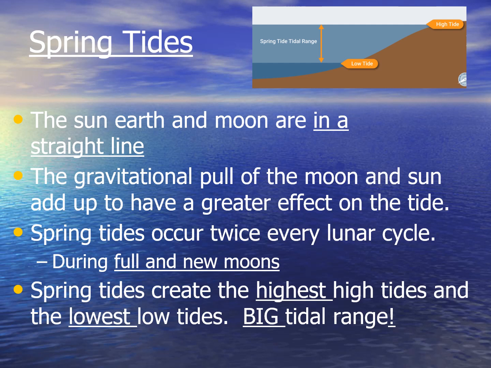These happen during a full and a new moon because we know when they're lined up, we're either at a full or a new moon. The spring tides create the highest high tides, again, because they're working together to pull it as high as they can, and the lowest low tides, okay?